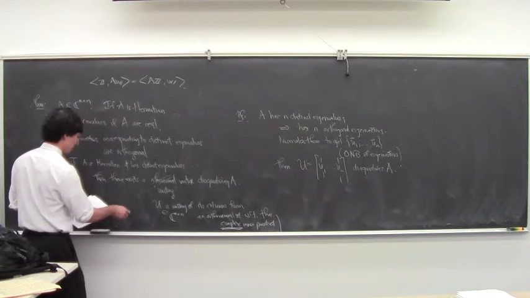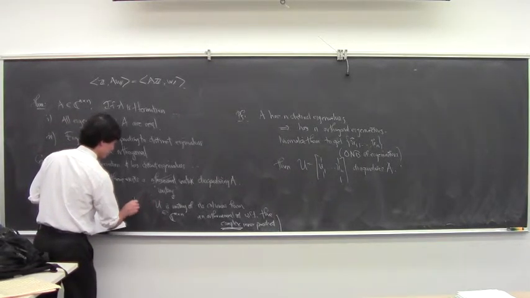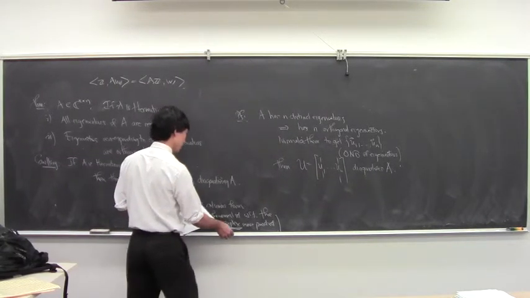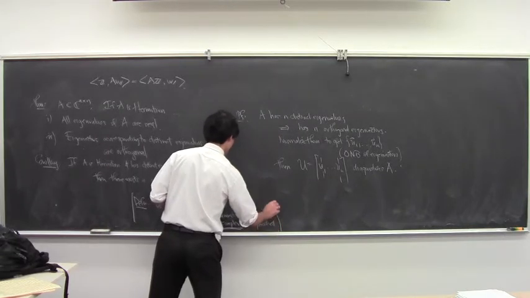So I should call this the definition. U is unitary if its columns form an orthonormal set with respect to the complex inner product.